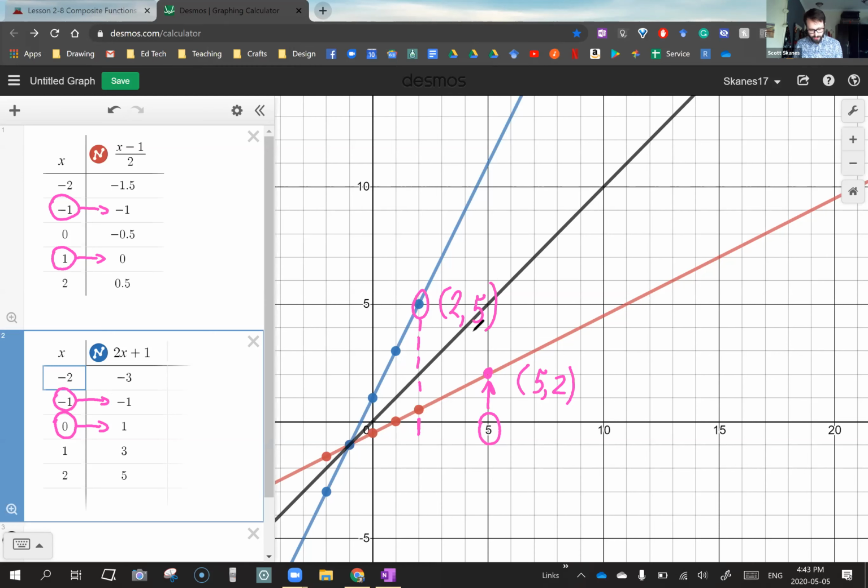And I can do this with a bunch of things. For example, this point here on the original function, 15 and 7. On the other function, I should have a 7 and 15. So 7 is here. So up here, it looks like it's 15. I'll just clear my annotations. I'll go looking for it.